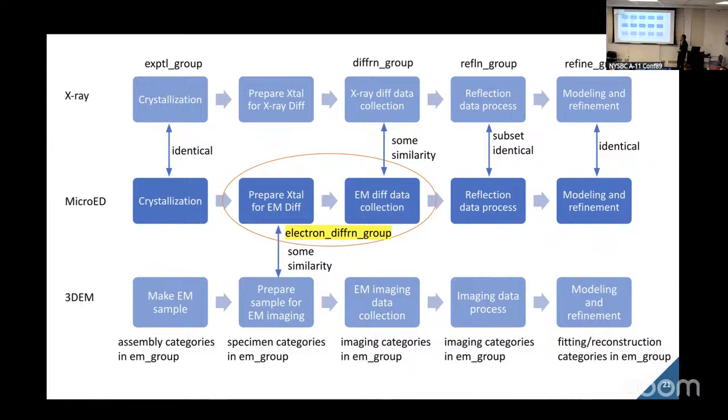However, the preparation of crystals, loading, is kind of similar to how an EM sample is prepared, and the diffraction data collection is somewhat similar to X-ray, but there are differences. So we were thinking to build a dedicated group just for MicroED or 3DED. I'm sorry, here I do miss the 3D.